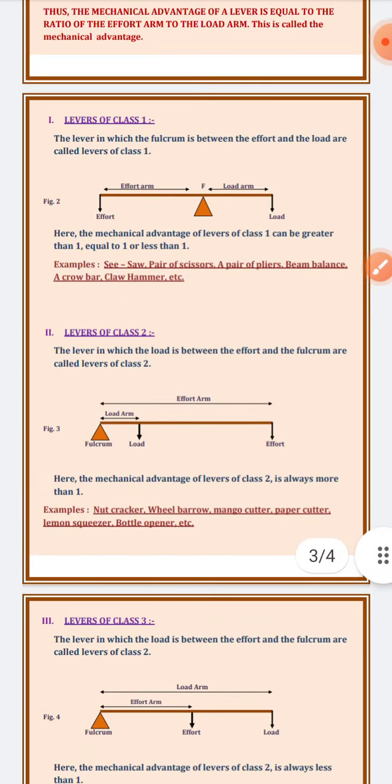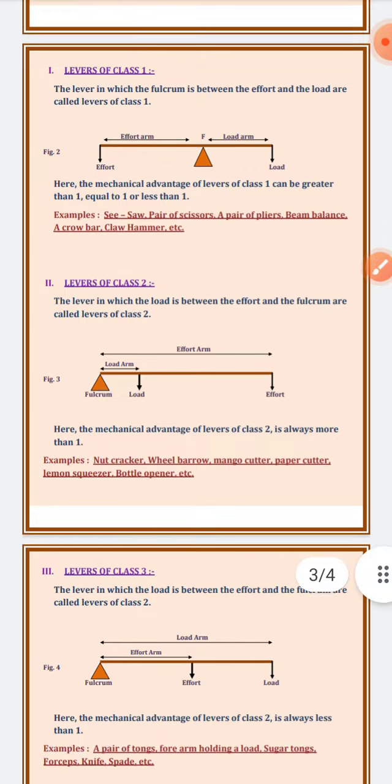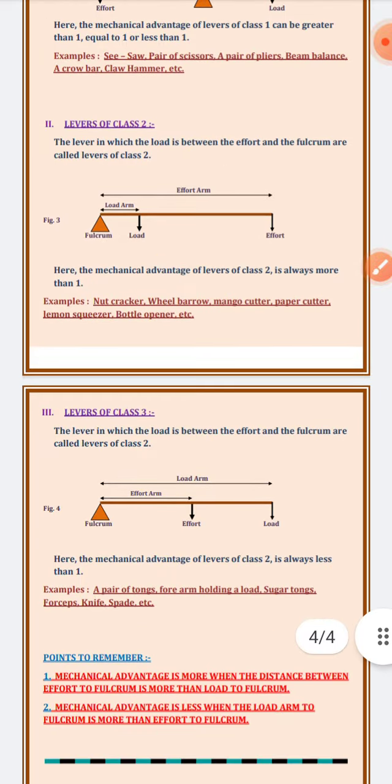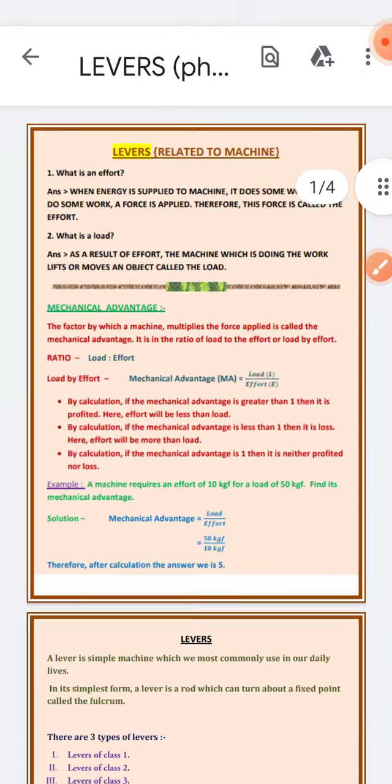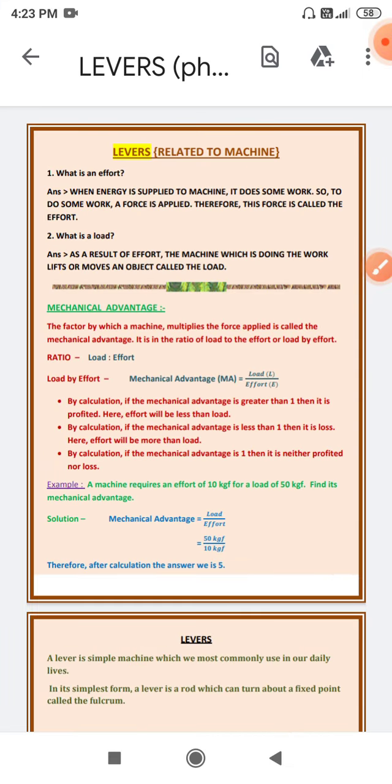So let us do a quick recap, not about the levers, but about the loss and profit of these levers. In levers of class 1 it can be a loss, or a profit, or neither profit nor loss. In levers of class 2 it will always be a profit, and in levers of class 3 it will always be a loss.